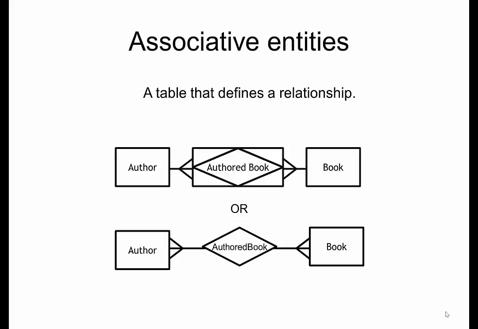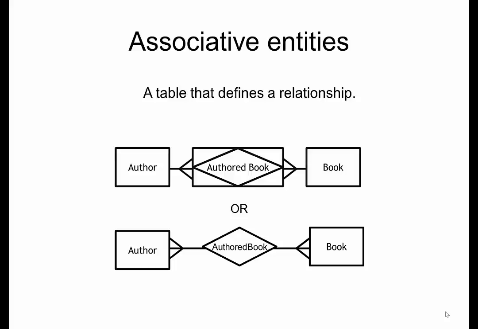There are also wonderful things called associative entities, which are defined as a table that defines a relationship. Well, that's the same as authored book, isn't it? That's a table, because it's going to be a table with the author ID and the book ID, that is a relationship. So it can be drawn like this as well.